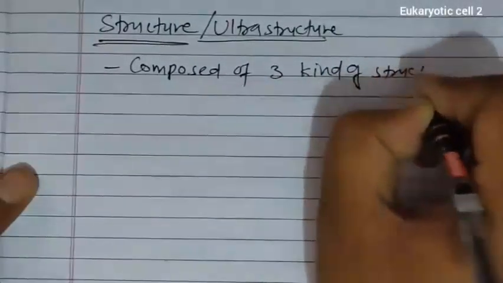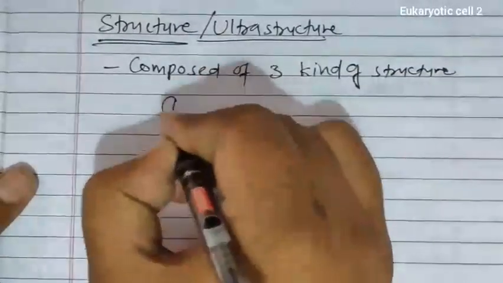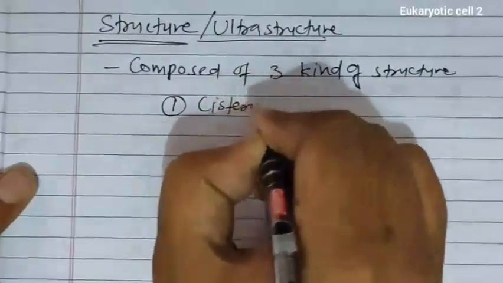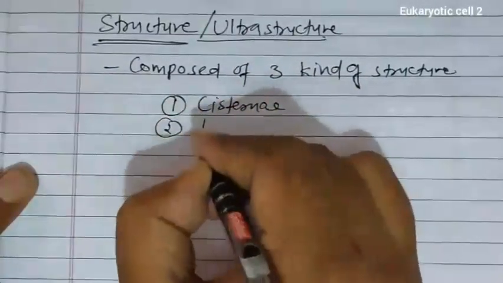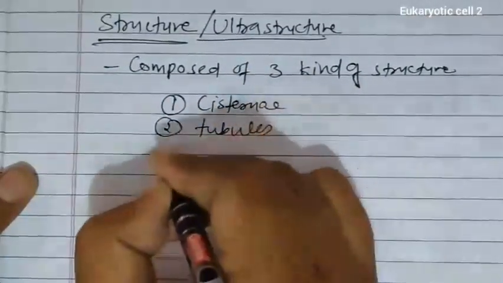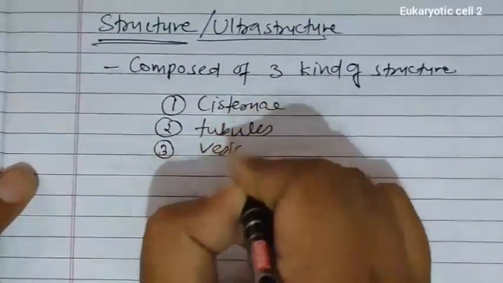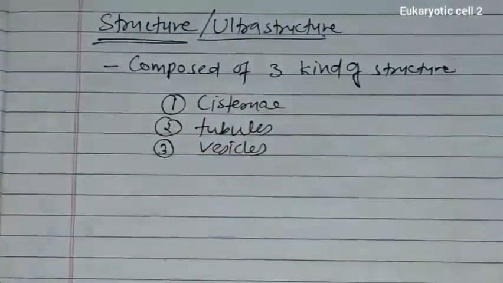As we have seen in case of diagram, number 1, cisternae. Number 2, tubules. Number 3, vesicles.